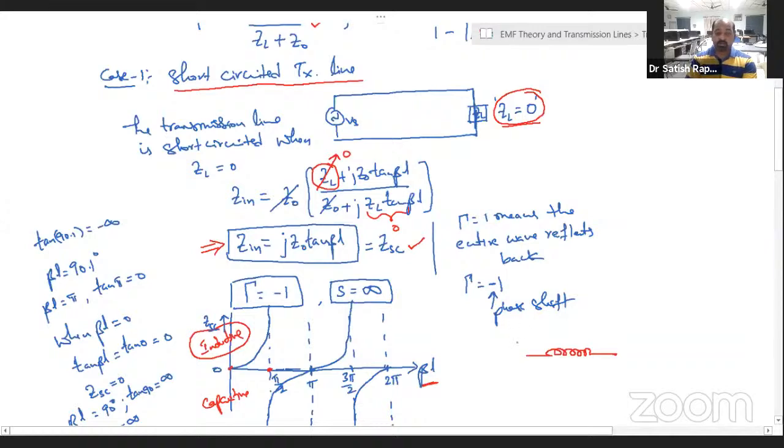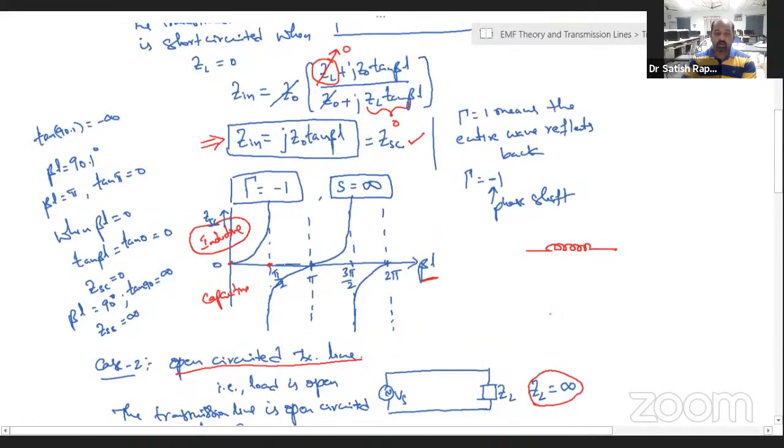And importantly, we have drawn the variation of beta L with respect to the input impedance of the short circuited transmission line. So this is the variation.